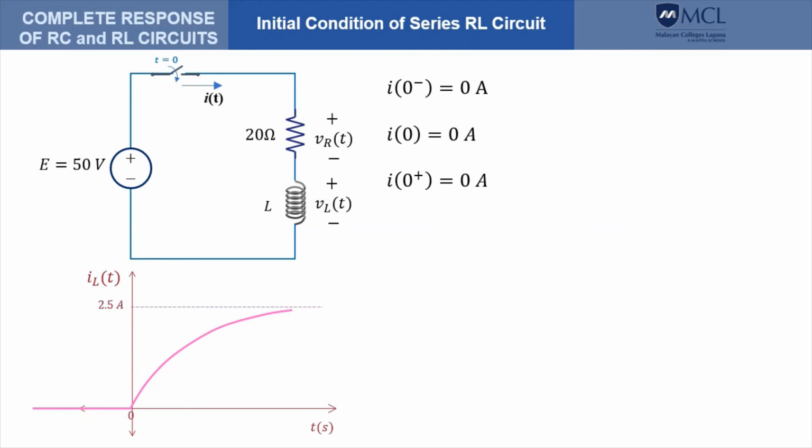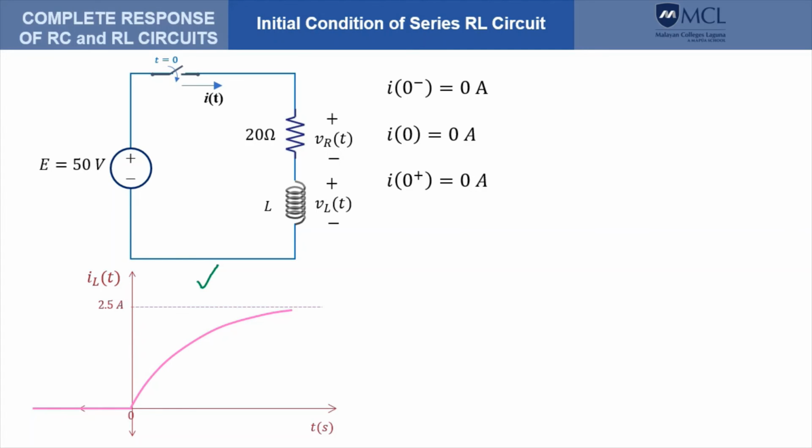Now let's go to the initial condition of a series RL circuit. We replace the capacitor with an inductor, and again we assume that there's no voltage applied before t equals 0. Then at t equals 0, we apply the voltage, and it will give you a current that will look like this. We will be deriving these curves as we go along.